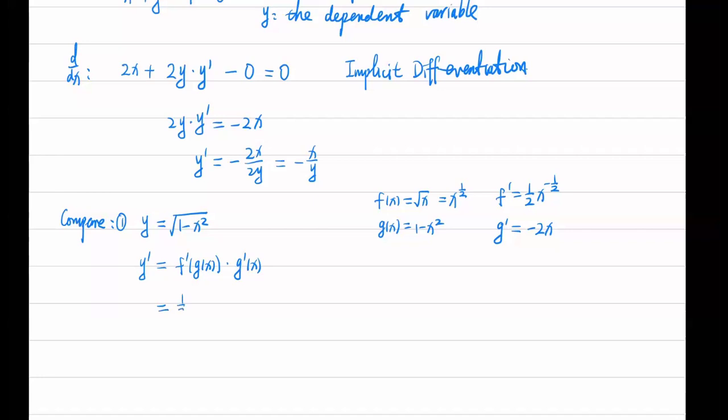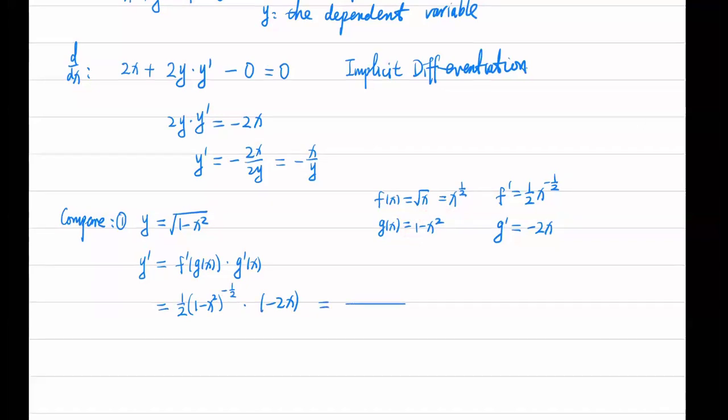It will be 1/2, and I will copy this interior function, and copy the derivative. Simplify 1/2 and 2.